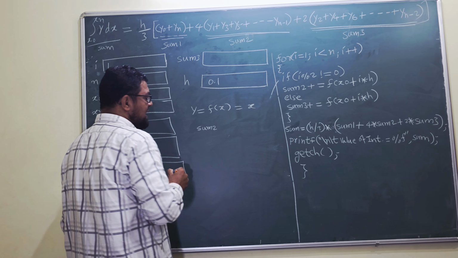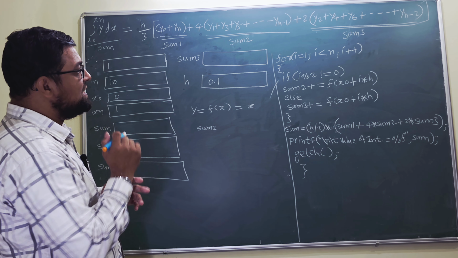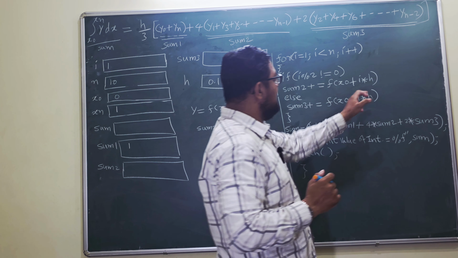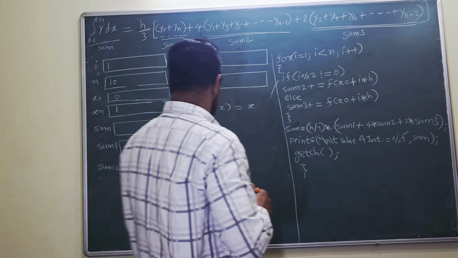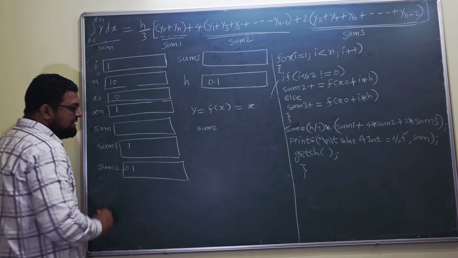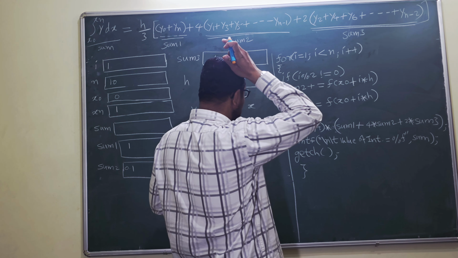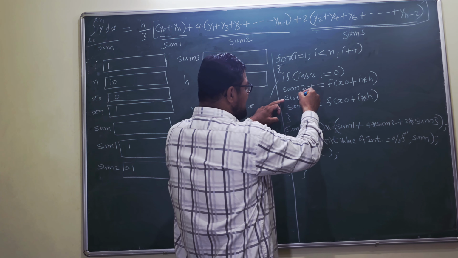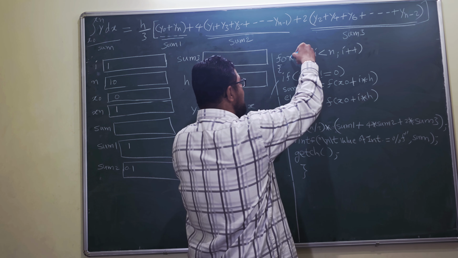Initially sum2 will have the value 0. Then f of x0 plus 1 star h, that means f of 0.1, and f of 0.1 is 0.1 only in our case. So 0.1 will be stored in the sum2 variable. Then in the next step, this else will not be executed. The program will come here again.